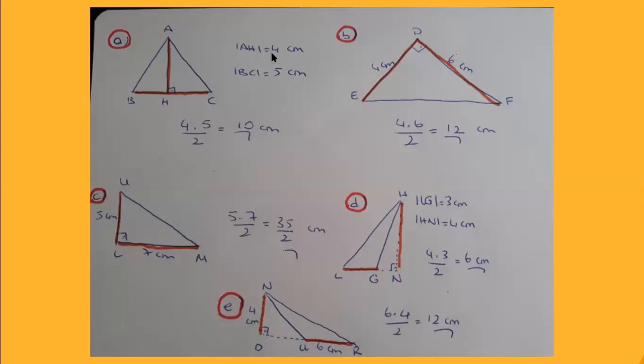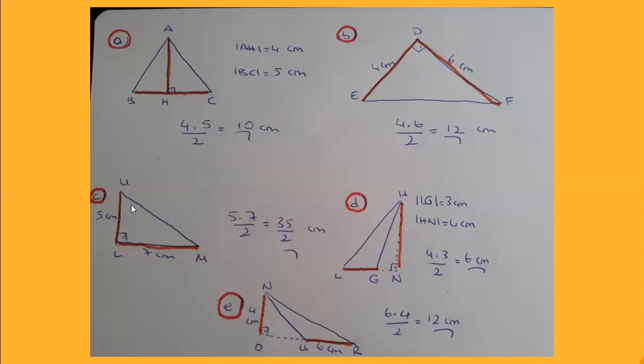The height is 4 centimeter, the side is 5 centimeter. So 4 times 5 over 2 is equal to 10 from the formula. Remember. Now, for this one, the height is clear, 6 centimeter. So 4 times 6 over 2 is equal to 12 centimeter.